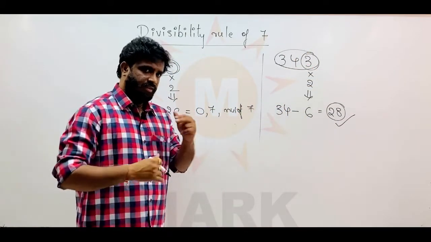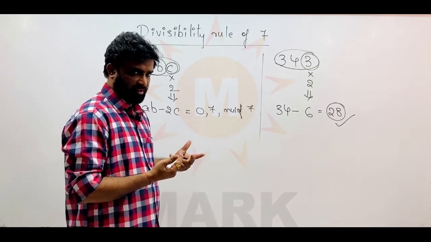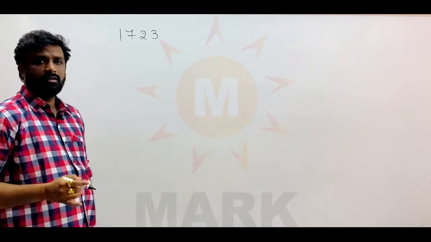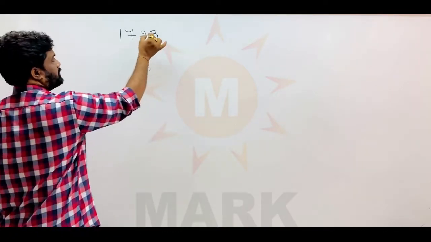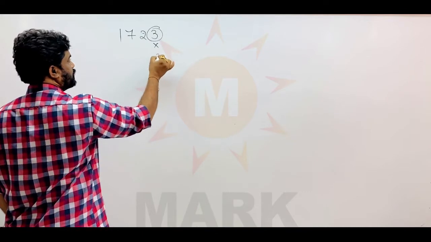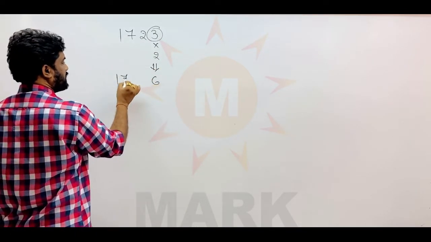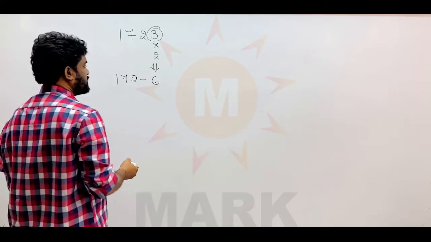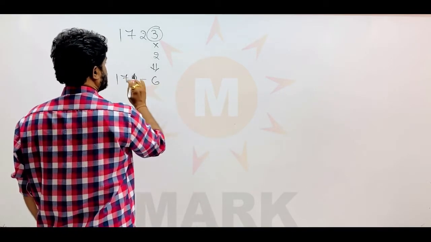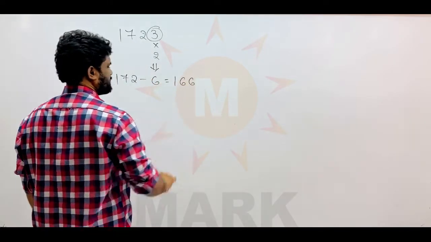Okay. So now we will take some more examples to verify this divisibility rule of 7, right? I am taking the number 1723. Following the divisibility rule, 3 into 2 is equal to 6. Now I subtract 6 from 172. 172 minus 6 is equal to 166.